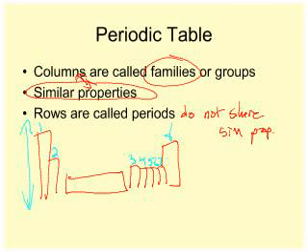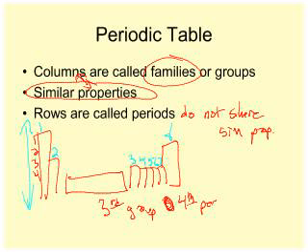So you need to know, if I ask for an element that's in the third group and the fourth period, that would mean I'd go down 1, 2, 3, 4.